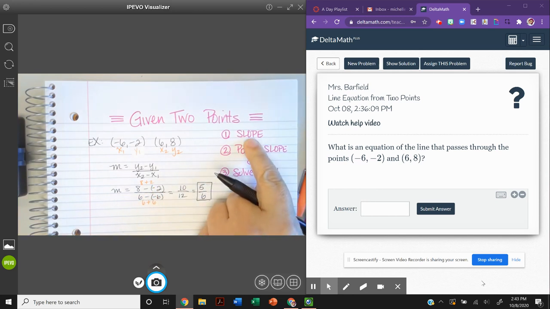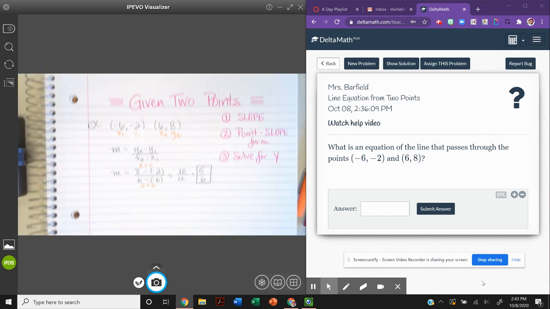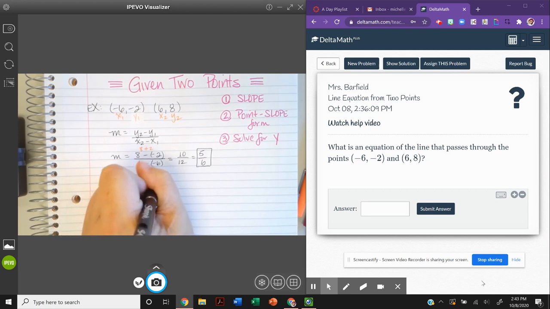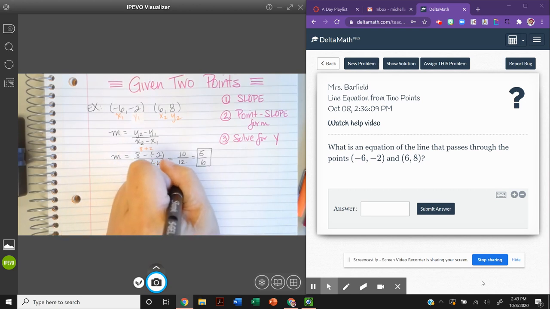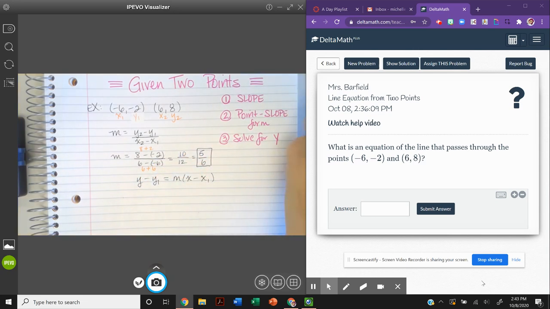All right, so now that I have the slope, I'm done with my first step. Now I'm going to use point slope form. That means I'm going to need this slope and one of these points. My point slope form is y minus y1 equals m times x minus x1.